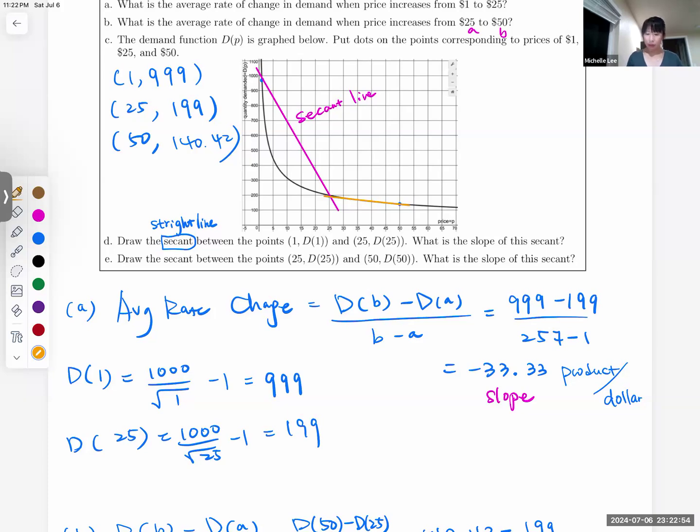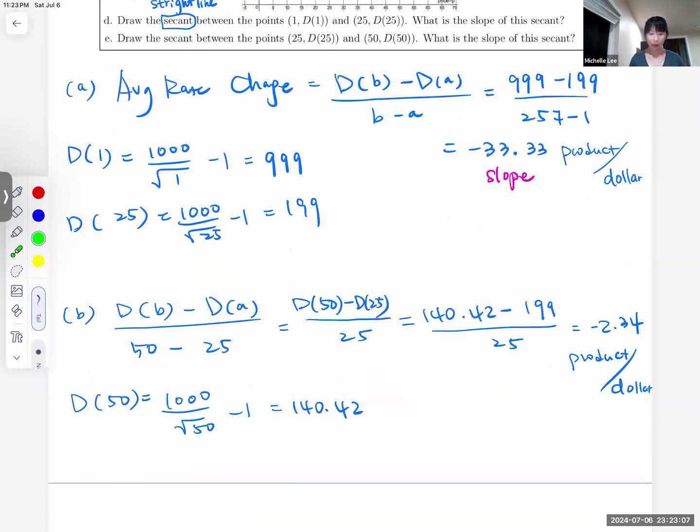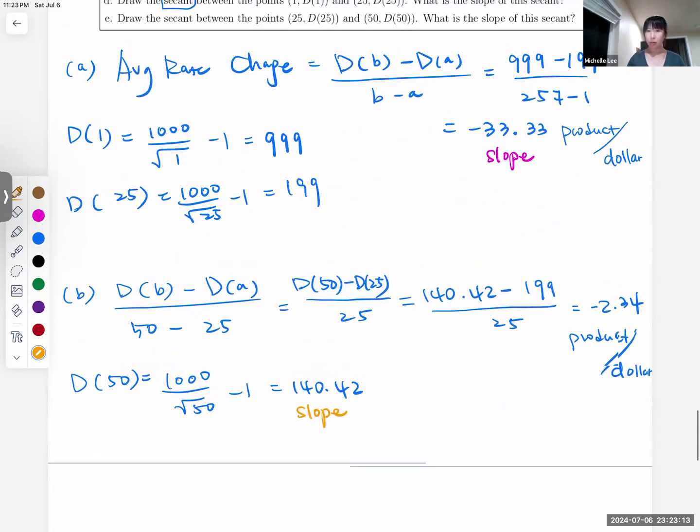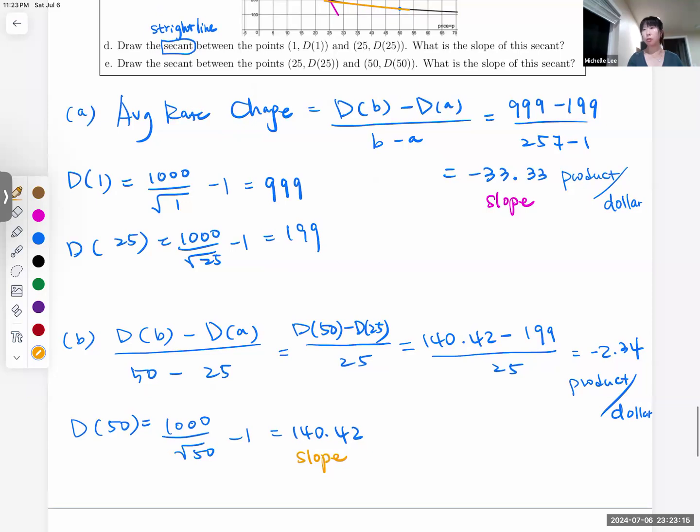All right. So that's the secant line. Then they said what is the slope of this secant, right? So this one is the same as the slope, right? All right. So we are done.